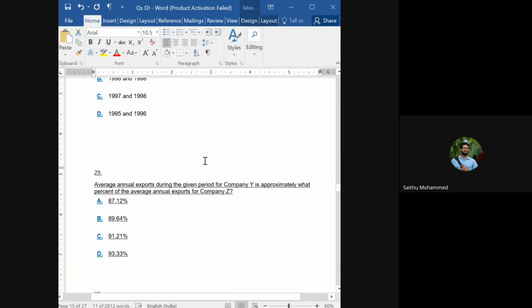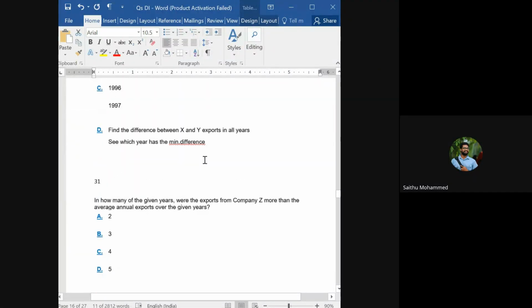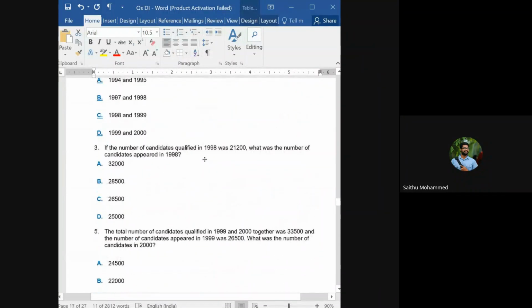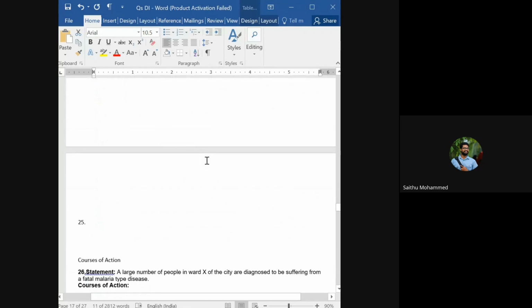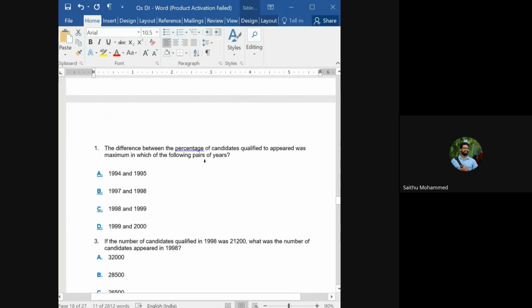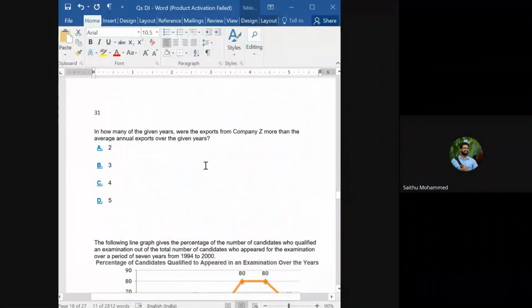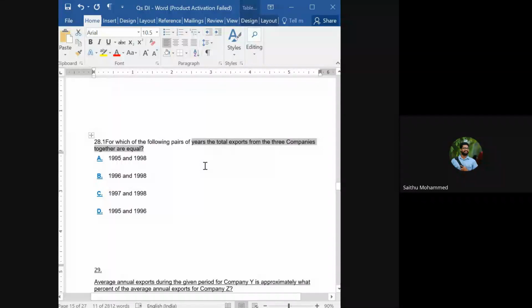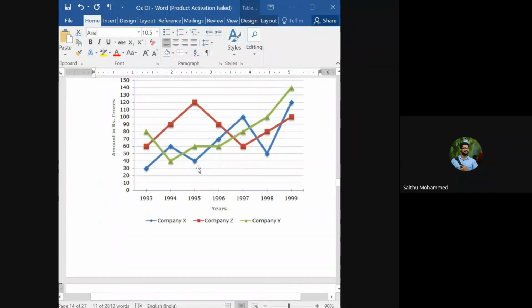Okay, so I will definitely share the questions with the answer key, so you'll be able to work it out. There are many questions here, so kindly do all those problems. You will definitely find it easier to solve, because I have prepared it in that way, so that it is easier for you to understand.